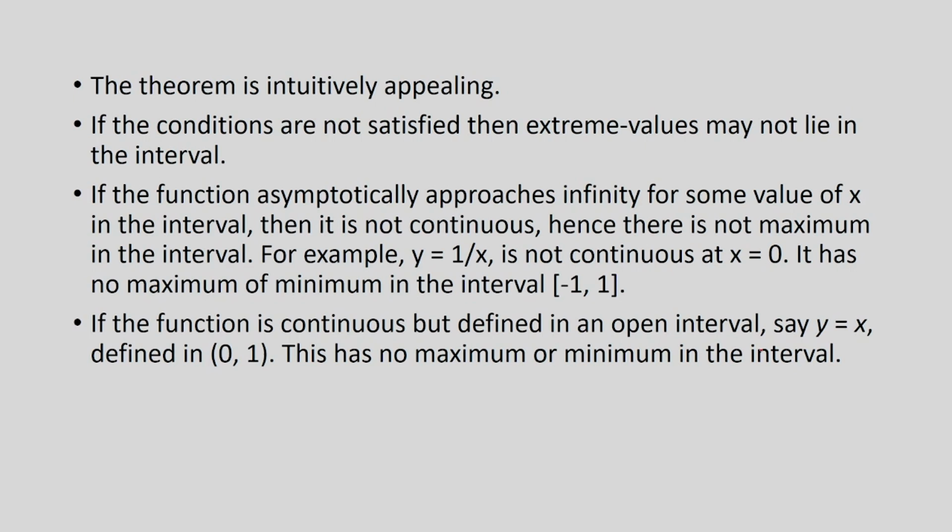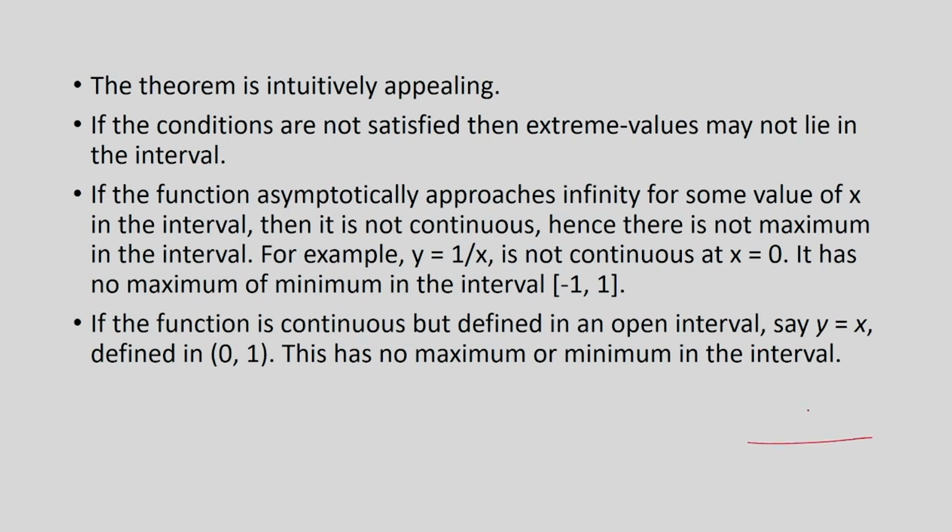For example, you take y is equal to 1 divided by x, then this function is not continuous at x equal to 0. We have seen that before, that this function is not continuous. It has no maximum or minimum in the interval minus 1 to plus 1.